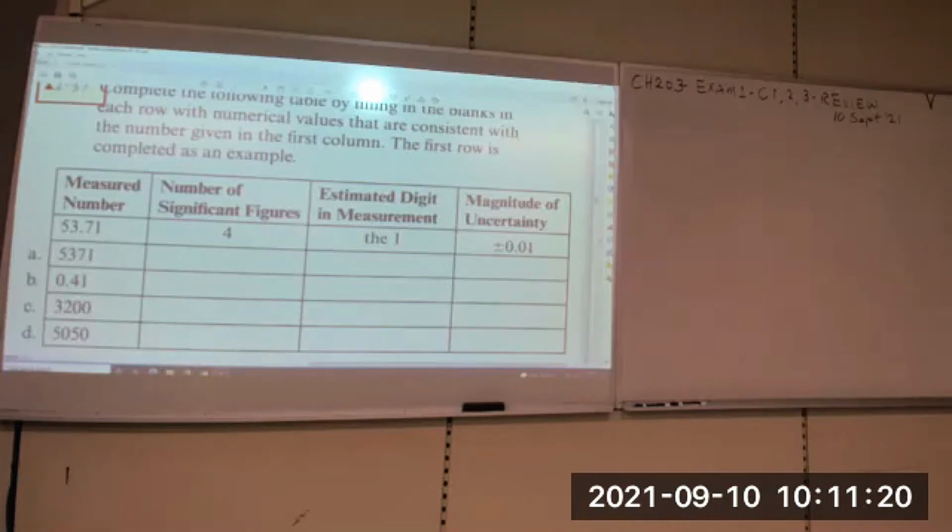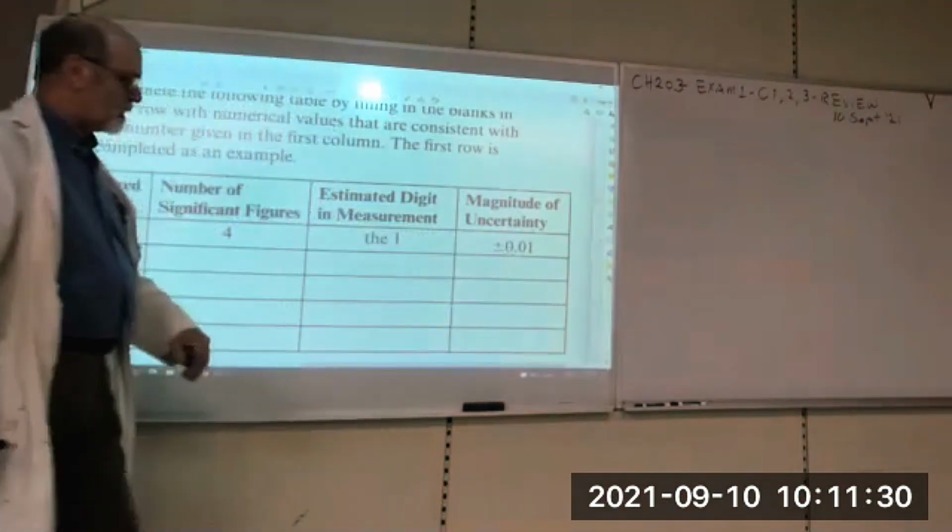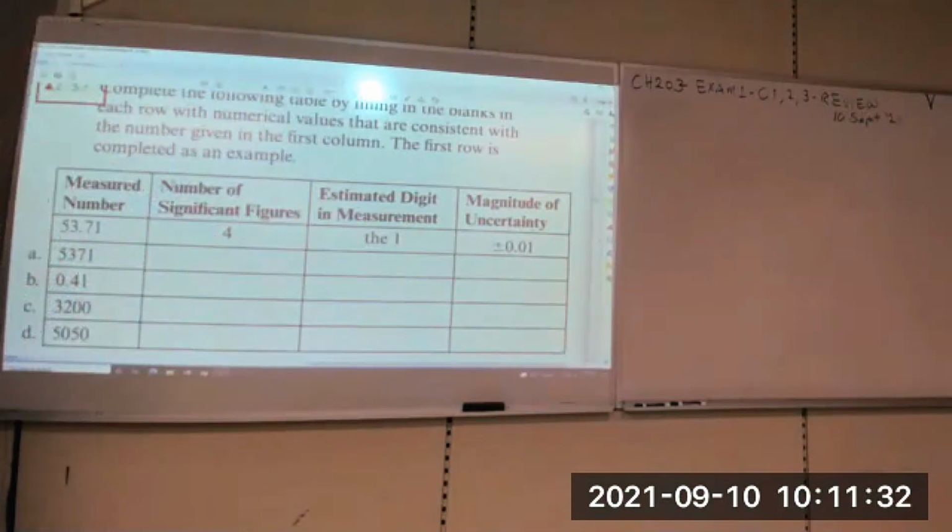We didn't talk about this very much. I think what they're saying for this one, as your example, is that's just identifying the position that we talked about earlier. What position is the uncertain digit? In this case, it's the 100th position, and that's because the 100th is an estimate.